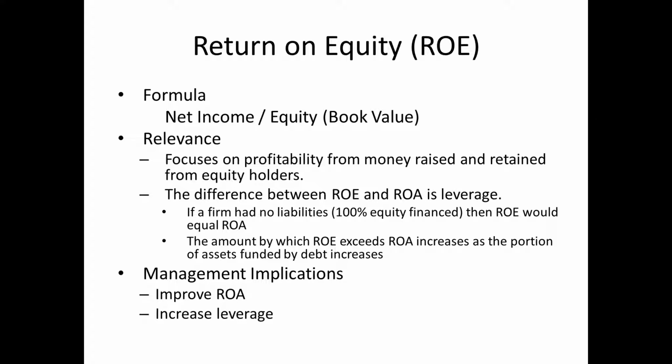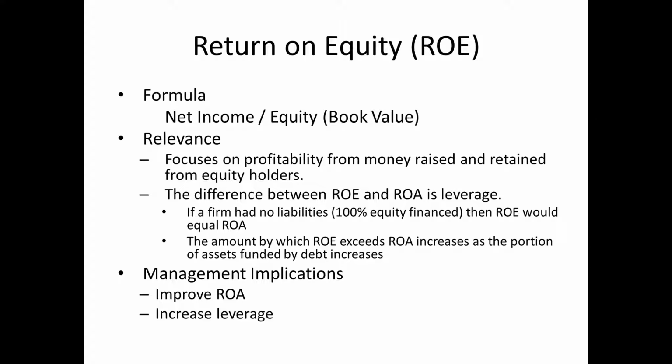The only difference mathematically between return on equity and return on assets is leverage, and so how much debt there is. If a firm had absolutely no liabilities, it was 100% equity financed, the return on equity and return on assets would be exactly the same. However, as you add more liabilities, then the return on equity should get greater.